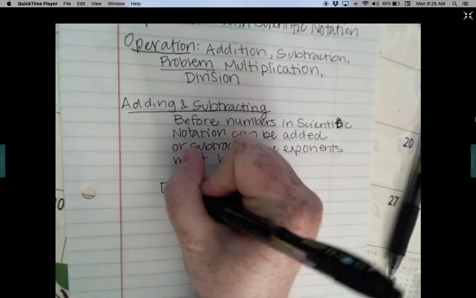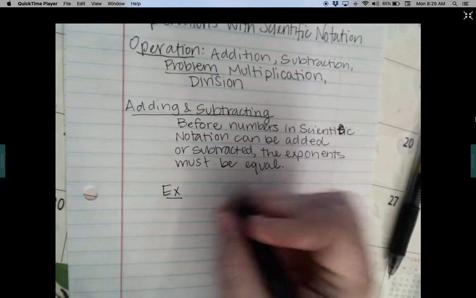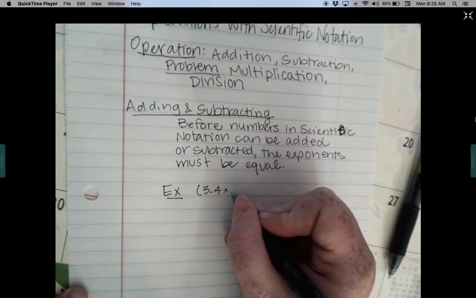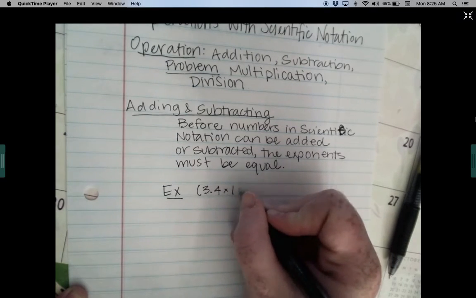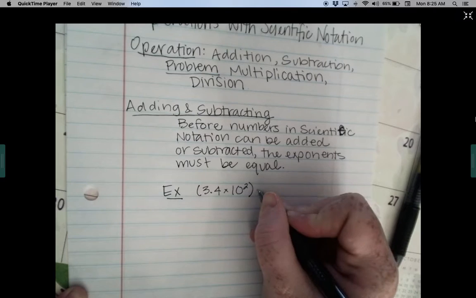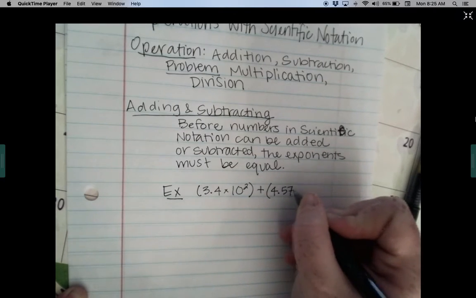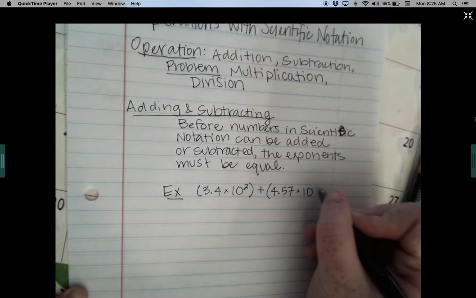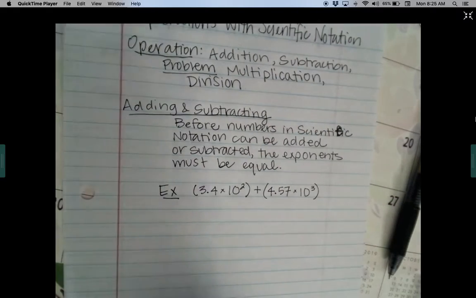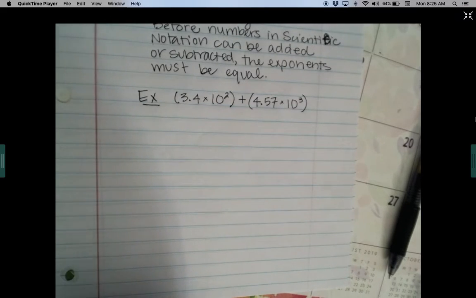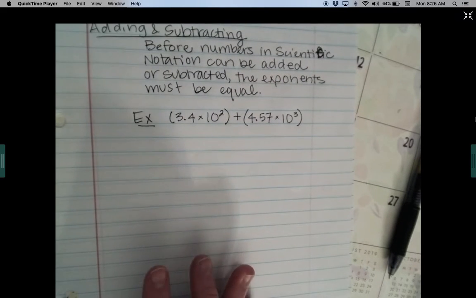Okay, so for example, we're going to do this example together. If I had 3.4 times 10 to the second power plus 4.57 times 10 to the third power. So I want to add 3.4 times 10 to the second plus 4.57 times 10 to the third.